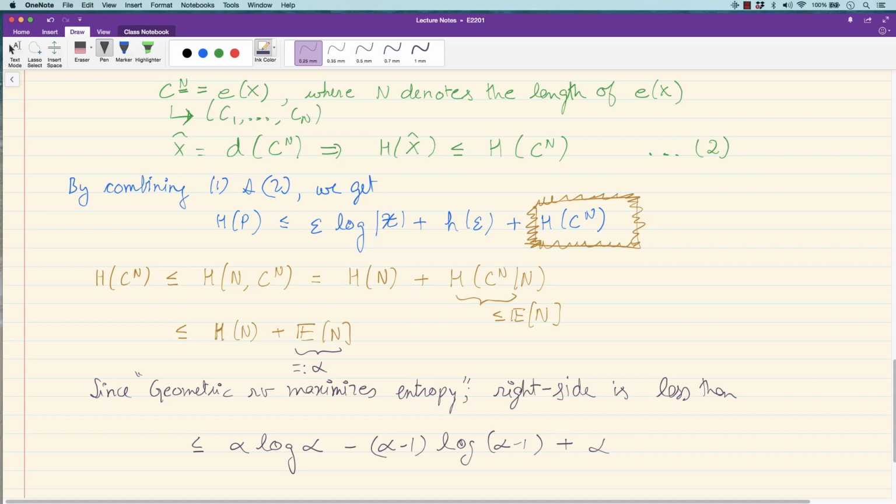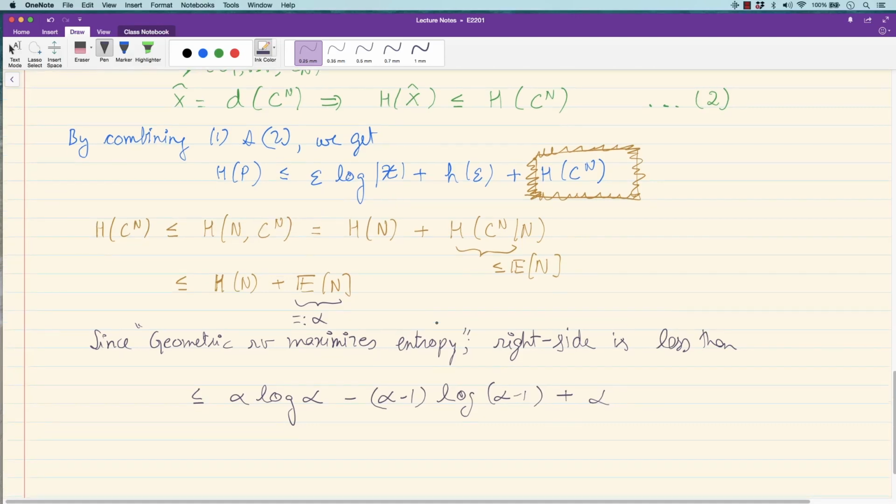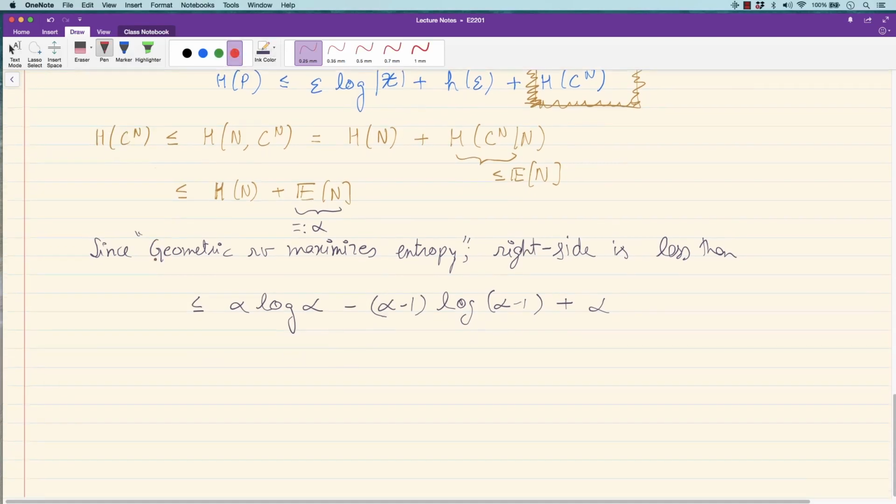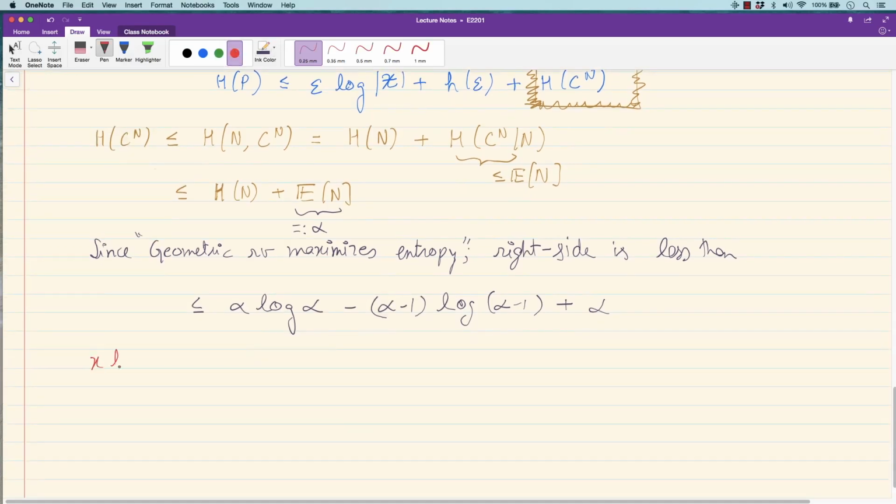We can use a first order Taylor series approximation of this function x log x here. So this is some gymnastics. We look at this function x log x for x between 0 and 1, and we want to bound x log x minus 1 log x minus 1.